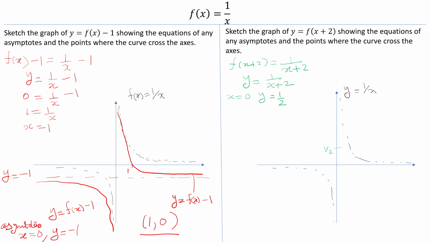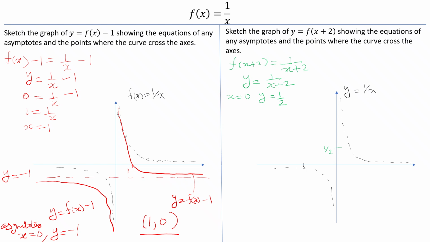Now you can see y equals f(x plus 2). The constant is inside the bracket, so the graph moves in the horizontal direction. So here plus 2, so the graph moves in the opposite direction, to the negative side by 2.